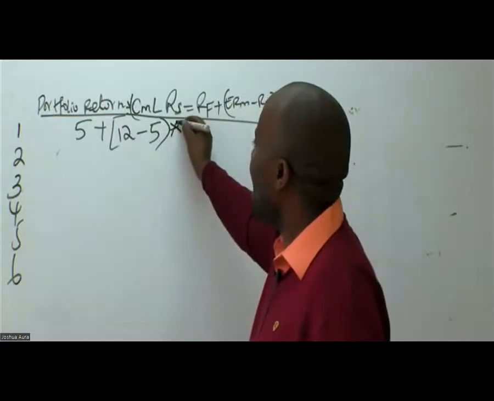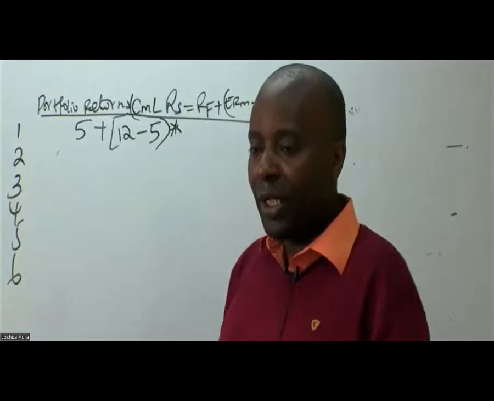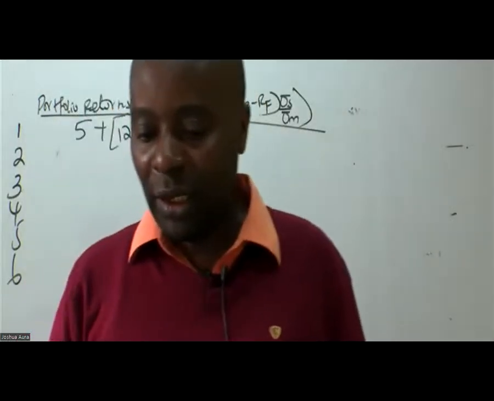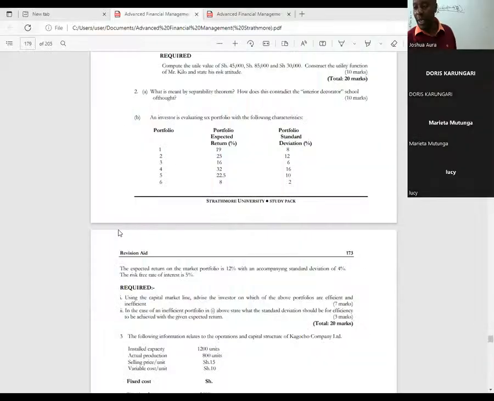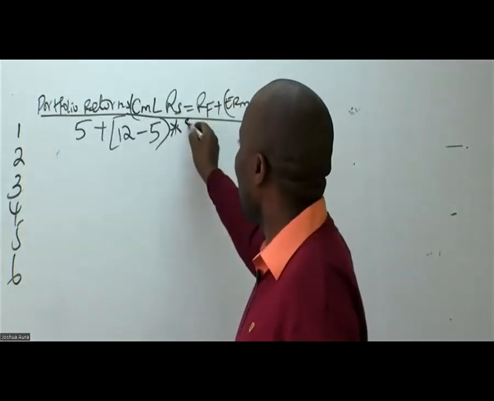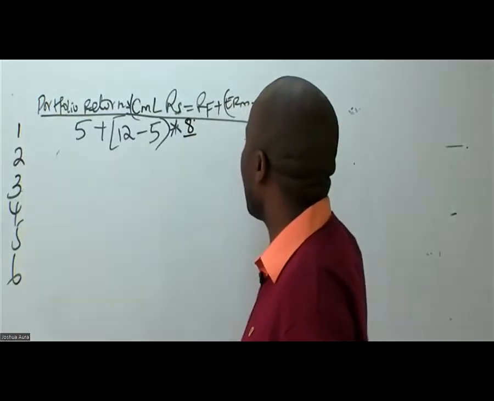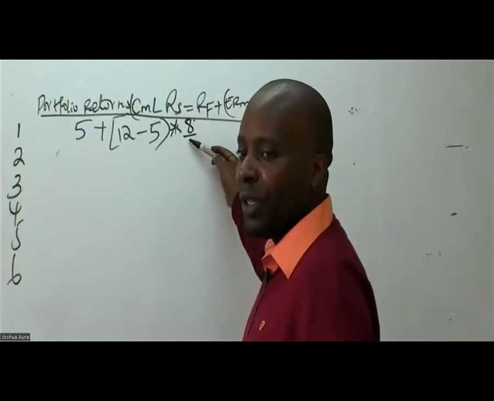Have they given me anywhere the standard deviation of portfolio 1? Yes, the standard deviation there is 8 for portfolio 1. The thing that I know most of us will not be able to get very nicely is the standard deviation of the market.